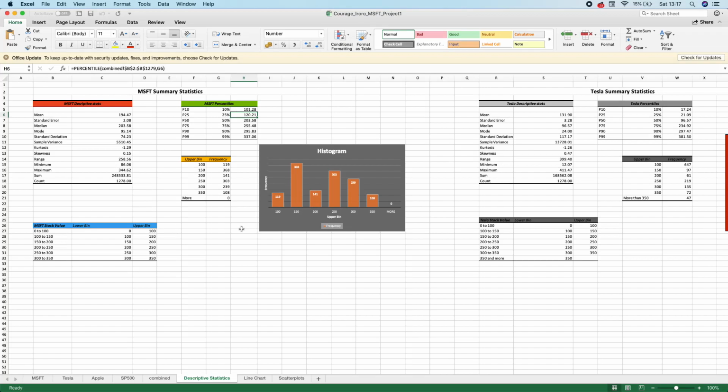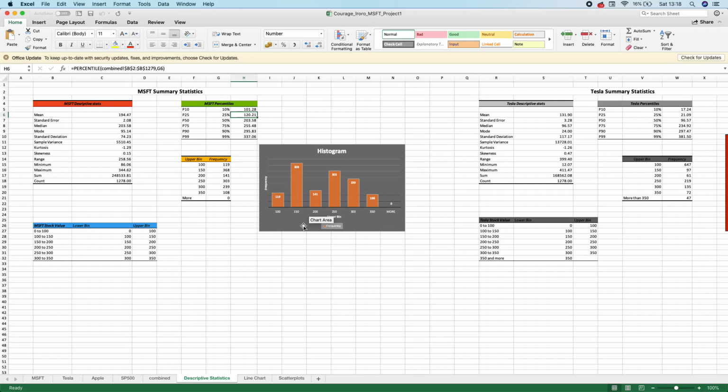From data points of 0 to 100, we can see a frequency of 119, which shows that within that range, there's an occurrence of 119 stock values in the data set. And then we can also see that the highest frequency is between the range of 100 to 150, which is 368, which also shows that yeah, this data set is pretty high. They have pretty high stock values.